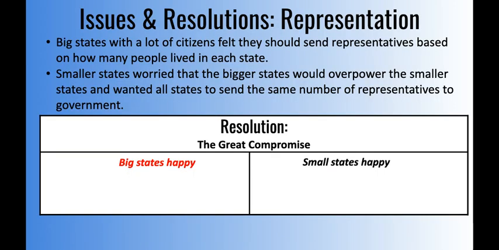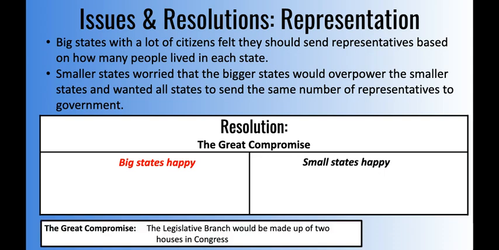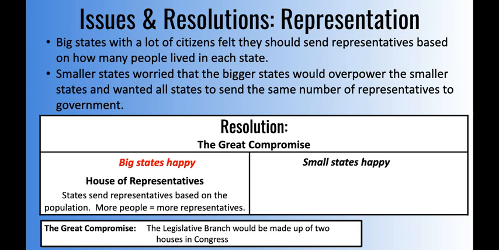The resolution was called the Great Compromise. What they decided to do is to take the legislative branch and divide it into 2 houses in Congress. One side, the House of Representatives, made the big states happy. More people in the state equaled more representatives in the legislative branch, specifically the House of Representatives.